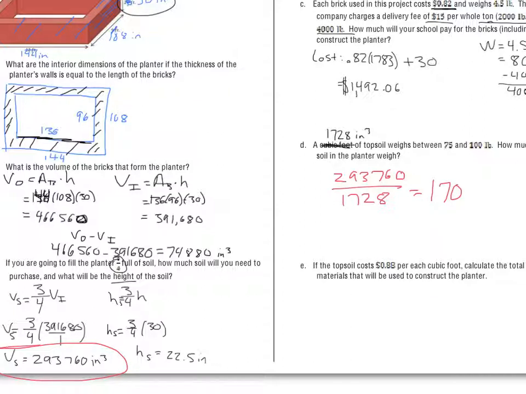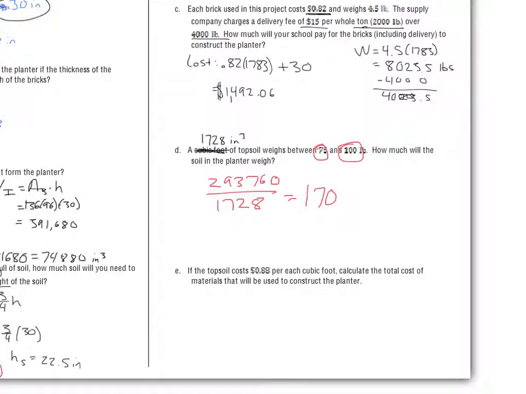So it's somewhere between 170 times 75 and 170 times 100. So we're going to figure this out. It's going to be between 170 times 75 and 170 times 100.